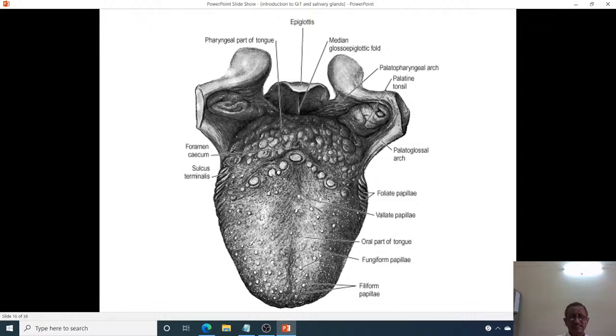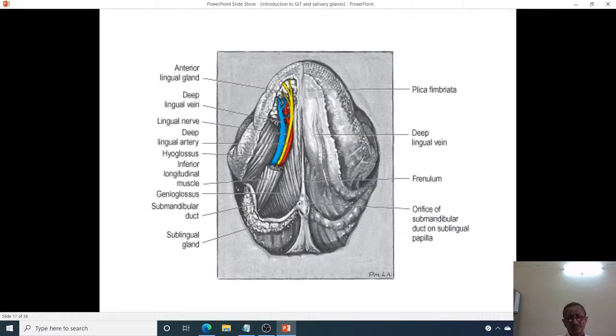And then the ventral surface of the tongue shows the frenulum, which is attaching the tongue to the floor of the mouth, and on either side of the frenulum we are seeing the orifice of the submandibular duct on the sublingual papillae.